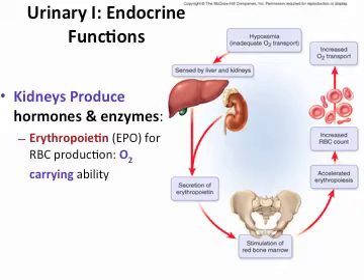The EPO travels to the red bone marrow and binds with EPO receptors to make red blood cells. And when you make red blood cells, that increases your ability to carry oxygen in the blood.